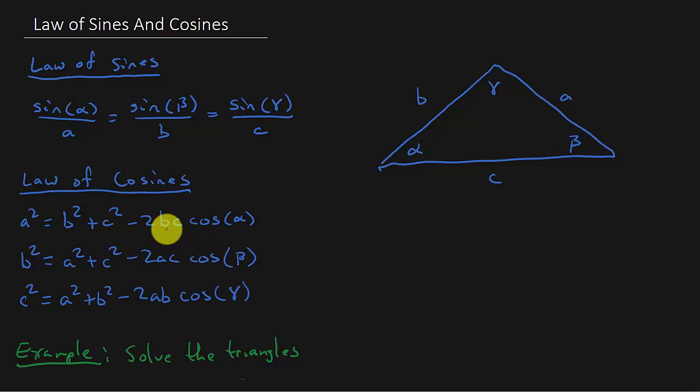Now, the other thing that you see in the textbooks is side, angle, angle, side, angle, side, angle, side, side, side, and all that. They list all the cases, and that's just something more for you to memorize.